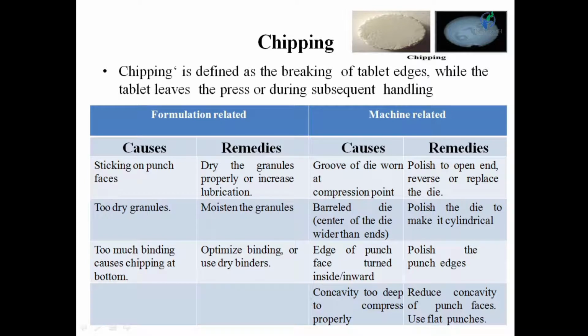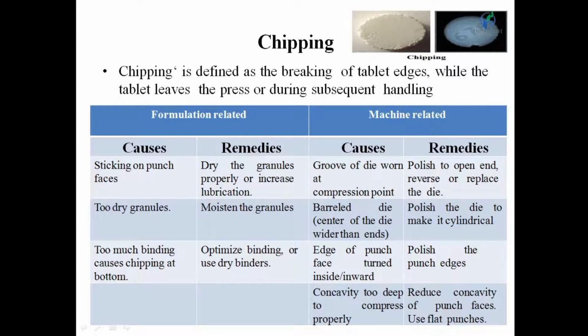Optimize the binding process or use a dry binder. Next are machine related problems and their solution. First one, groove of die worn at the compression point. So the solution is to polish the die to open and reverse it, or replace the die. Next is a barrel shaped die, which produces chipping. So what is the solution? Polish the die properly and make it cylindrical to avoid the chipping related issue.